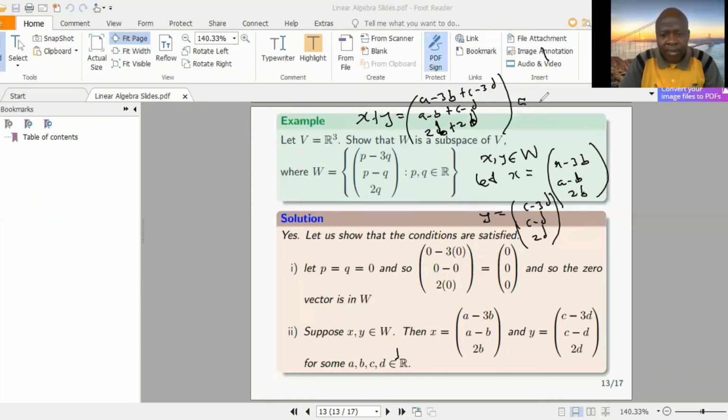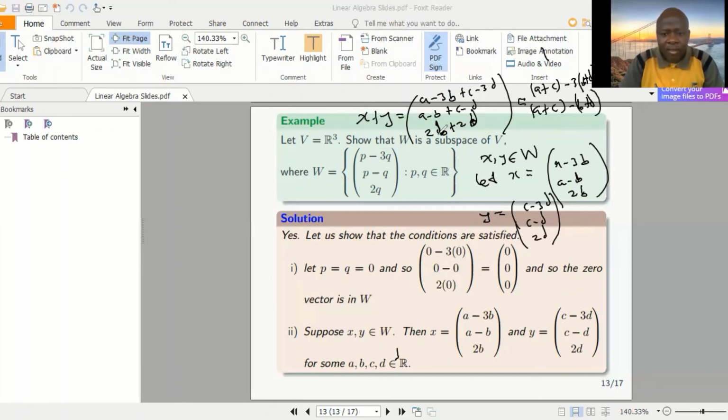Now, so what does this give me? This is just a plus c minus 3 into b plus d. And this other one is just a plus c minus b plus d inside brackets.